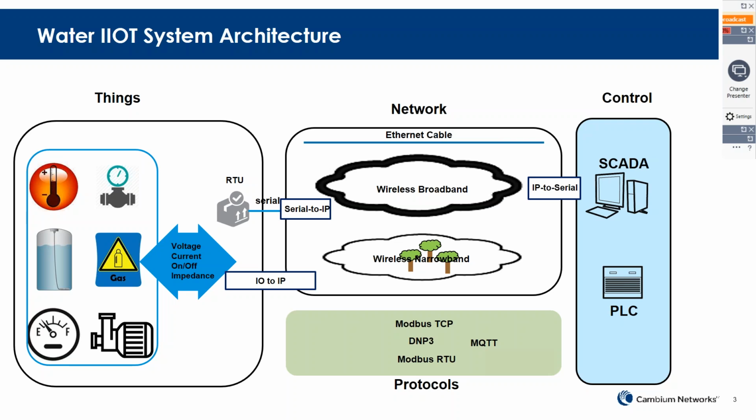For example, the I/O to IP device can act as a Modbus TCP slave, and the controller, such as the SCADA master, can send a Modbus TCP request to query certain sensor data, and the I/O to IP device will just respond.